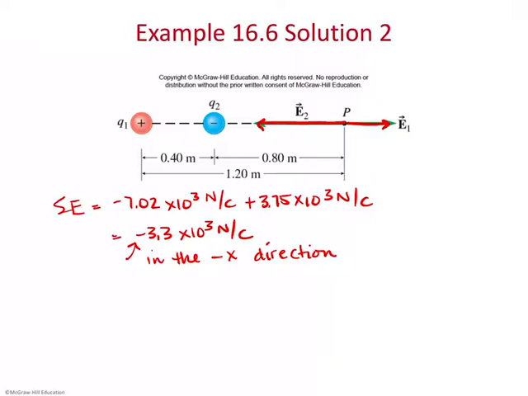Which should make sense because that P is closer to that negative charge than it is to the positive one. Even though the positive one is a bigger charge, the distance away really matters more, because if you look at that equation for electric field, the R, the distance, is being squared. So that really does affect it.